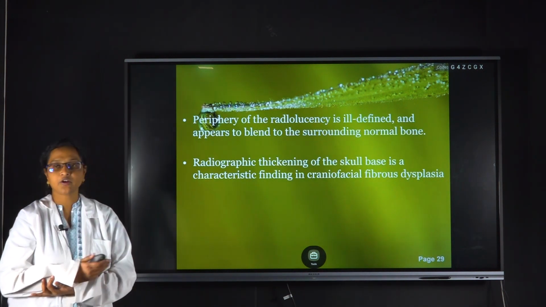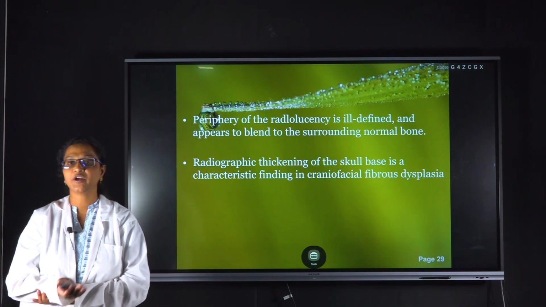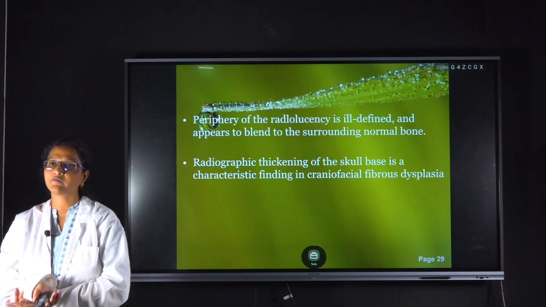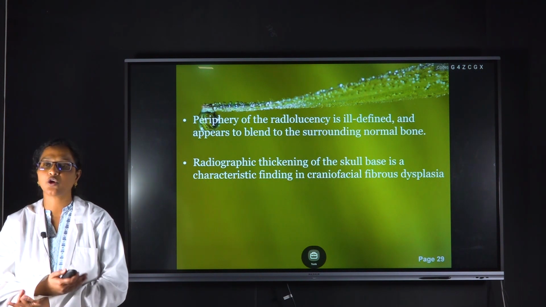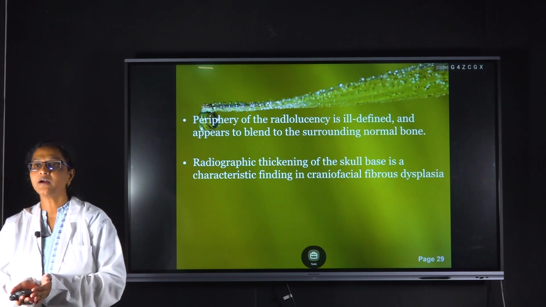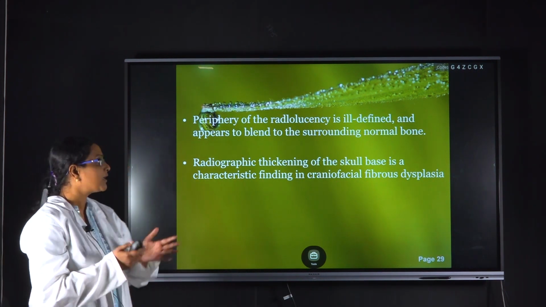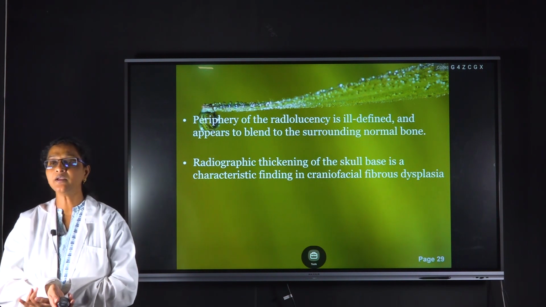The periphery of the radiolucency is usually ill-defined, and it appears to blend into the surrounding bone, which is in contrast with another fibrous lesion called ossifying fibroma, where the lesions are usually well demarcated from the adjacent normal bone, whereas in fibrous dysplasia the lesions usually merge or blend into the normal surrounding bone.